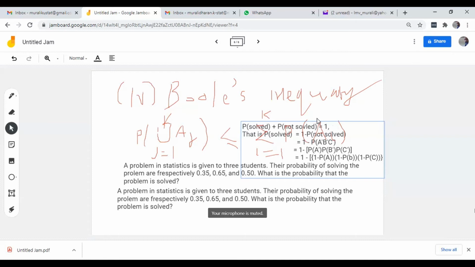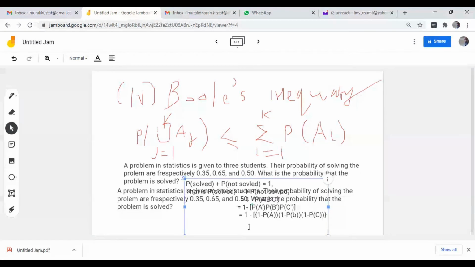You can simply substitute this. P of A becomes 0.35, so 1 minus P of A is 0.65. So the answer is going to be 0.1135.